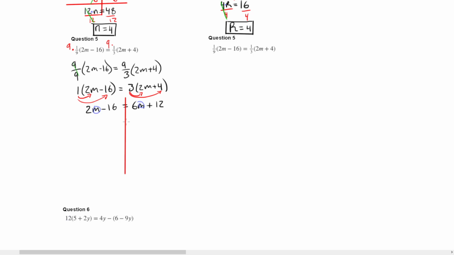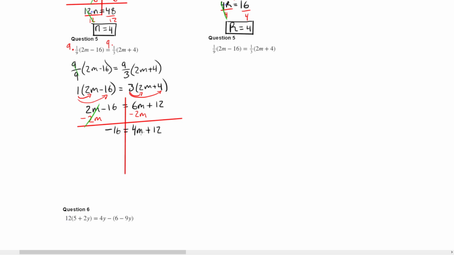I have m's on both sides, so I'm going to look for the smaller one. The smaller one is that one. So I'm going to move the 2m by doing the opposite. So negative 2m minus 2m. This guy will cross out. And I will have negative 16 equals 4m plus 12.